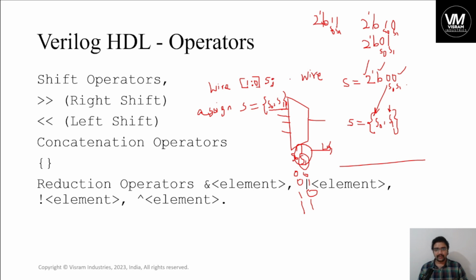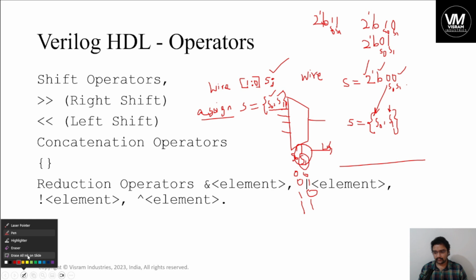You declare it this way and then assign values. What are you assigning? 0 0, or 0 1, 1 0, or 1 1, two binary bits. That is how you represent it. I hope you understood here.